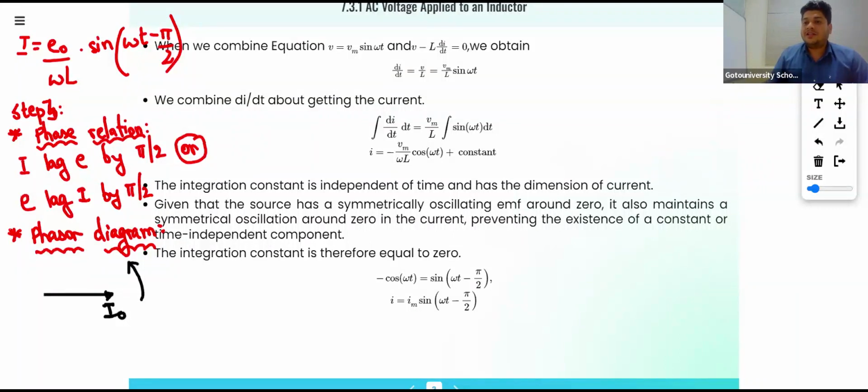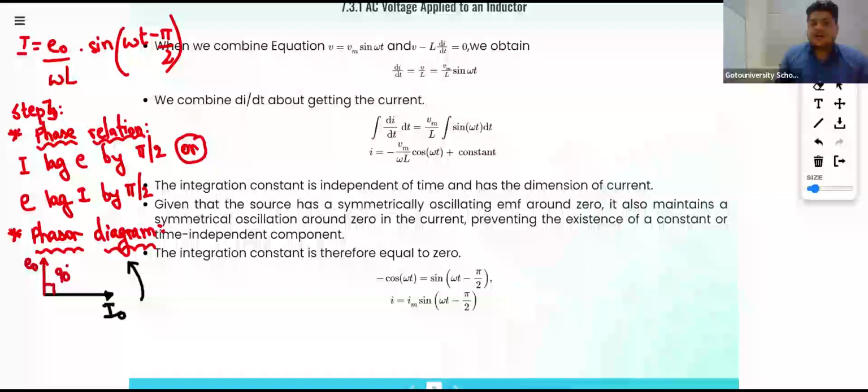So the EMF will be somewhere here. This is E naught, and the angle between them will be 90 degrees.